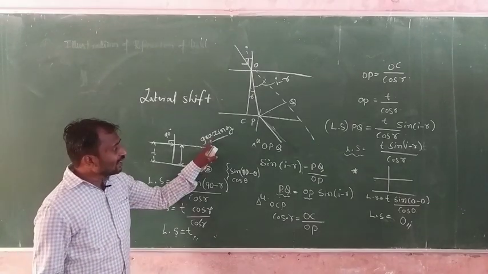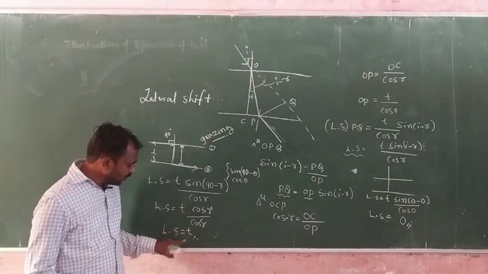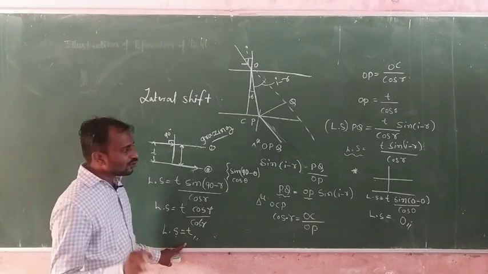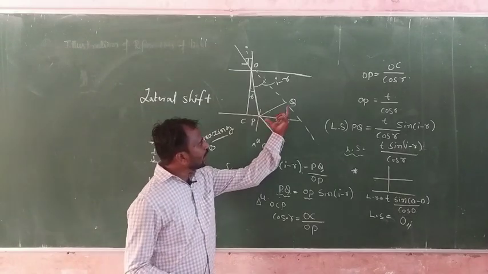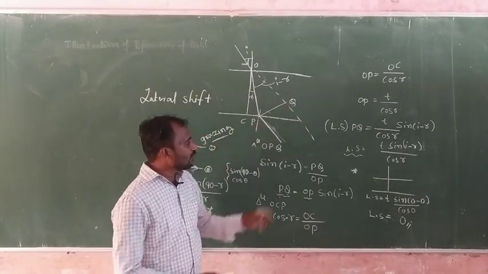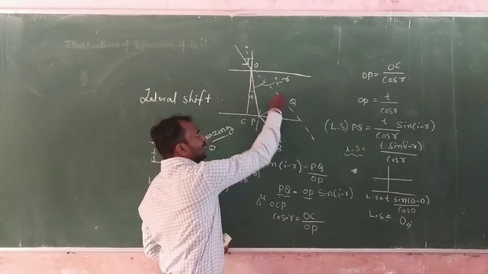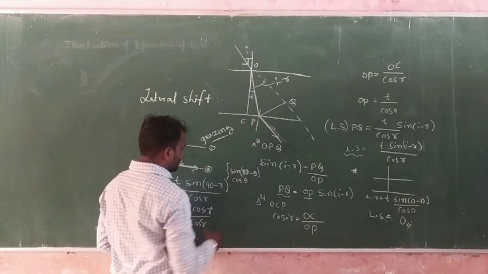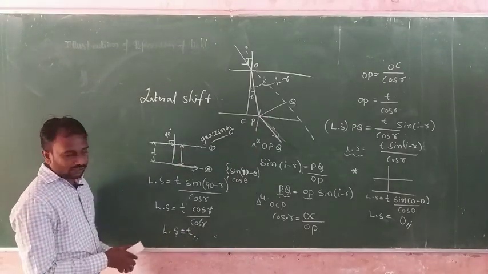It means for a grazing angle of incidence, we will get the maximum lateral shift value. Lateral shift means the perpendicular distance between the extended incident ray and the emergent ray.